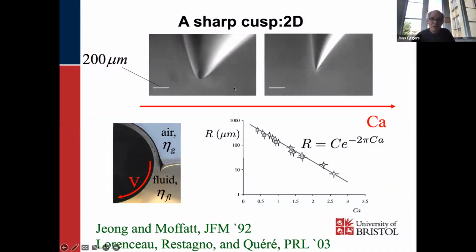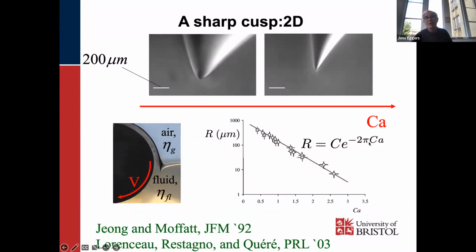They found that if you look at the radius of curvature of the tip, which I call R here, it decreases very rapidly, namely exponentially, with the strength of the flow, where the strength of a viscous flow is usually measured by the capillary number, and the capillary number is a flow speed times the viscosity divided by the surface tension.